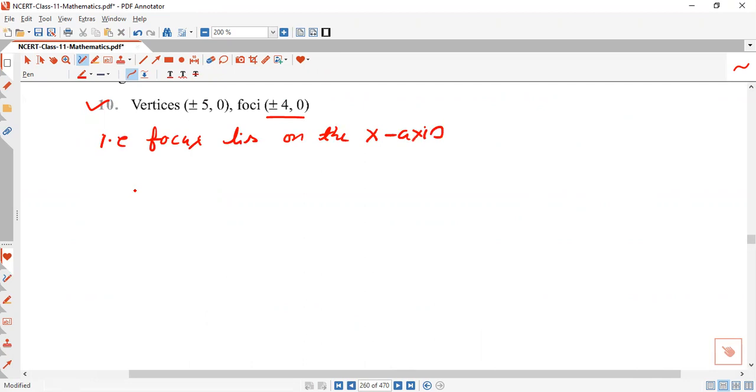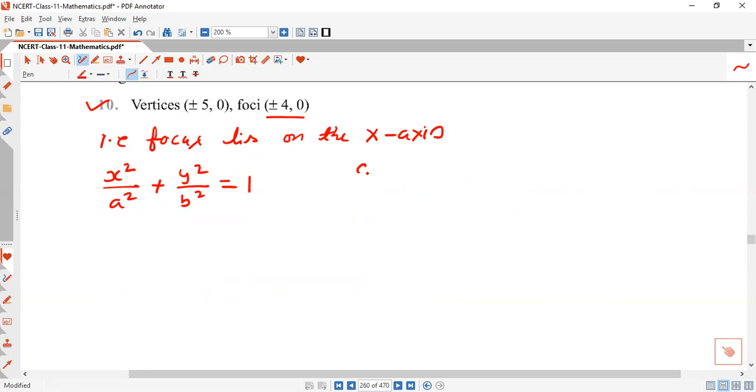If the focus lies on the x-axis, our standard equation will be x square upon a square plus y square upon b square equal to 1. And now we have to find out the values of a and b. See, the vertices naturally also lie on the x-axis.